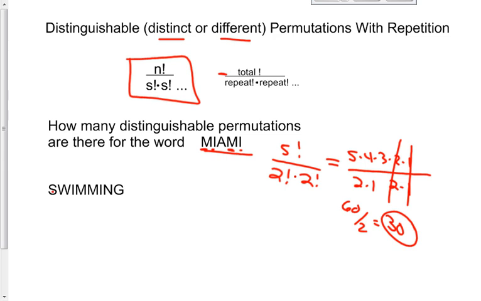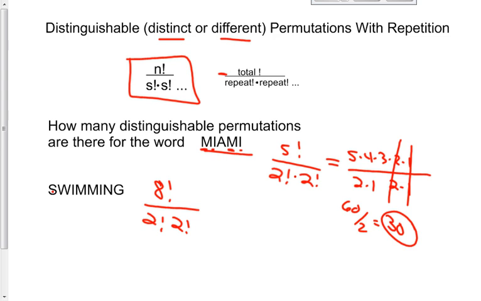All right, let's try it with the word swimming. 1, 2, 3, 4, 5, 6, 7, 8. 8 letters. Do I have anything that repeats? S, no. W, no. I have 2 I's. I have 2 M's. The N and the G also don't show up repeated. So when I do this one, and you can use your calculator if you want to, you have to be really careful here.